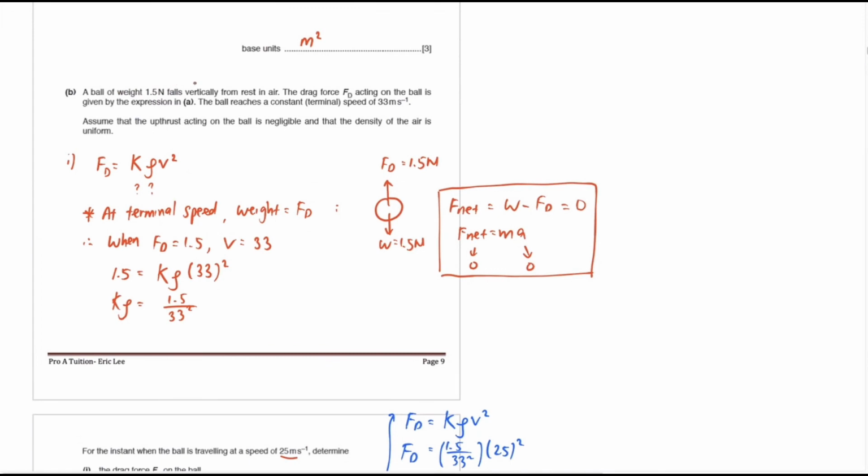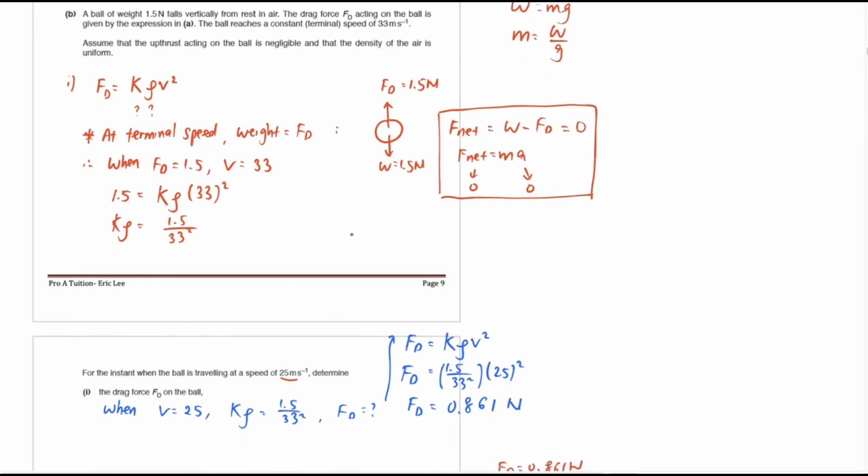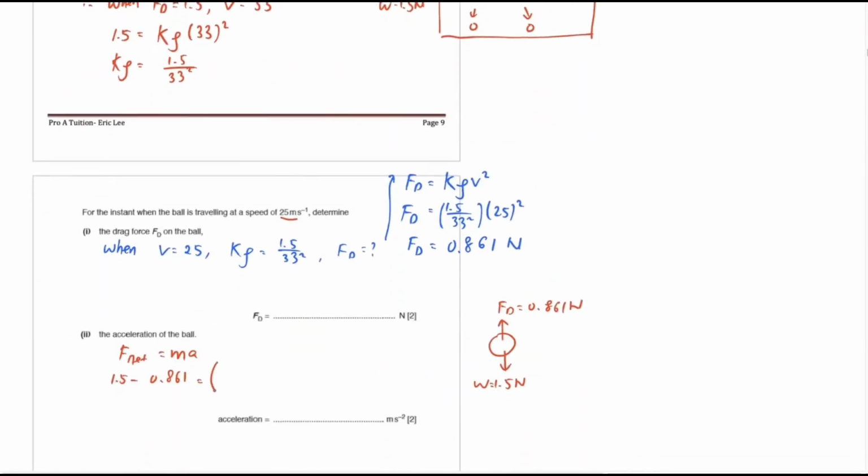As we know, weight equals mg, so mass is weight over g. So the mass is weight 1.5 over g, 9.81, times a. Then we just count the a.